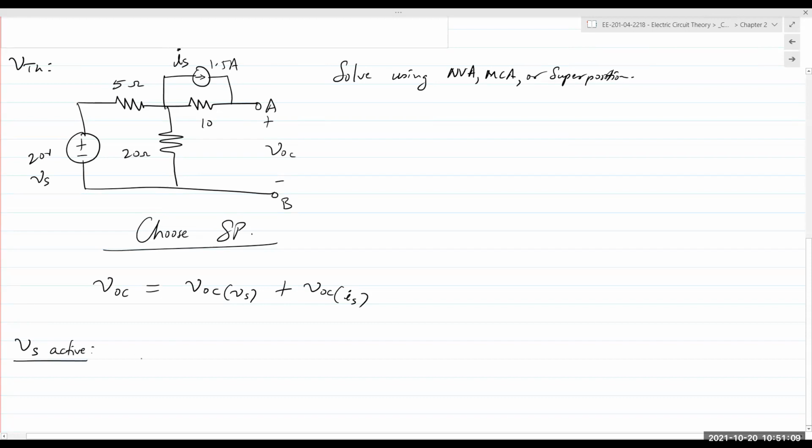I have to redraw the circuit again. It's the exact same circuit as the previous one. So the analysis also becomes the same. 5, 20, and 10.